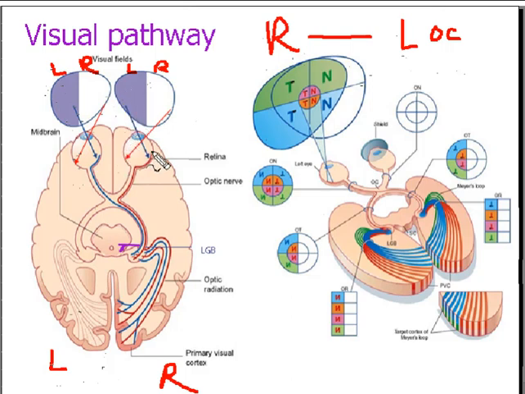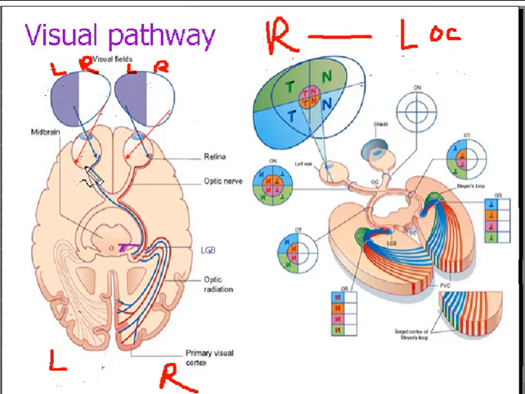Now when the light rays strike that half of the retina, it stimulates the pigment layer, and that goes on to stimulate the rods and cones, which then synapse with the bipolar cells, and that whole sequence starts.